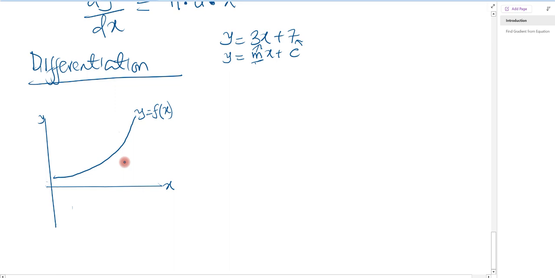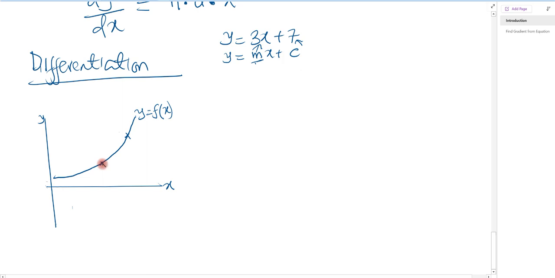If I mark two points here, these two points cannot have the same gradient. You can tell that here the slope is steeper, the gradient is higher, whereas here the gradient is lower.